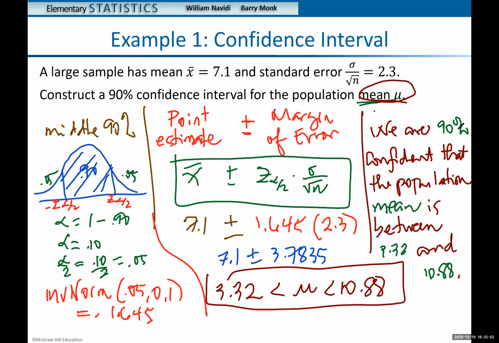As you can see, I use green when I use this sentence. This is like a sentence frame. Then you just change the confidence level if you have a different given confidence level. And also the population parameter, this section is about the mean, so you write mean and between what two values? That's 3.32 and 10.88.